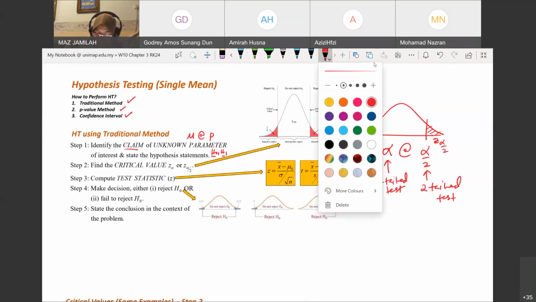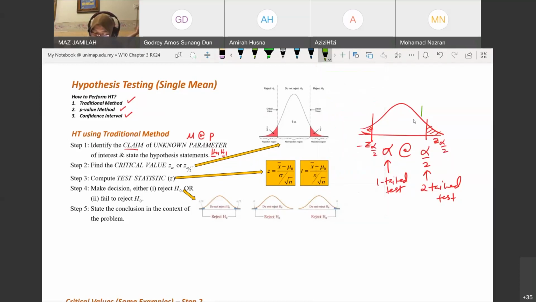For example, if it is a one-tail test, then this will be your Z alpha. Or if it is a left tail test, this will be your negative Z alpha. That would be your critical value. So what will be your Z alpha over 2 or Z alpha value?